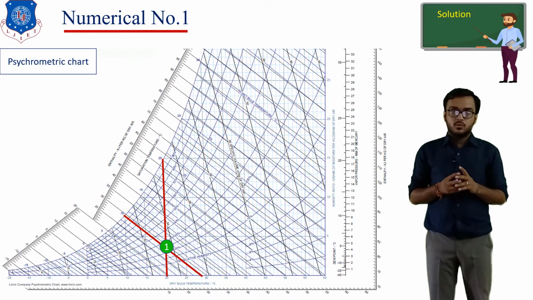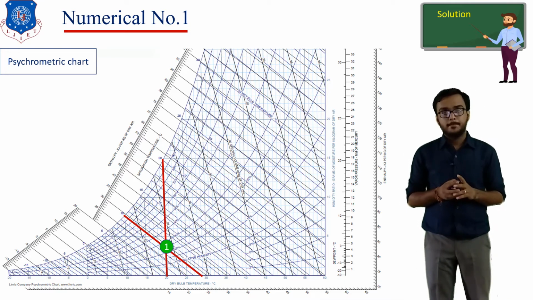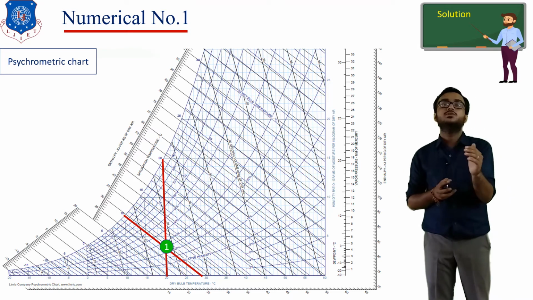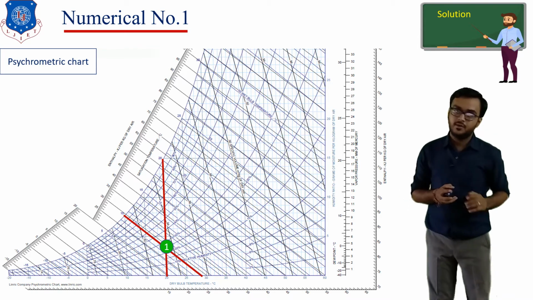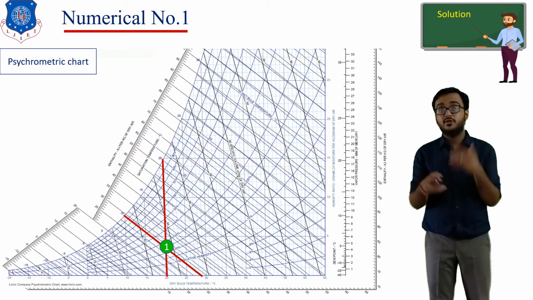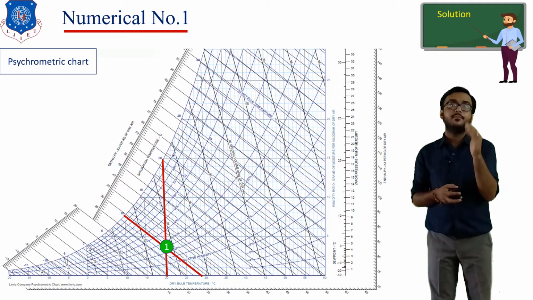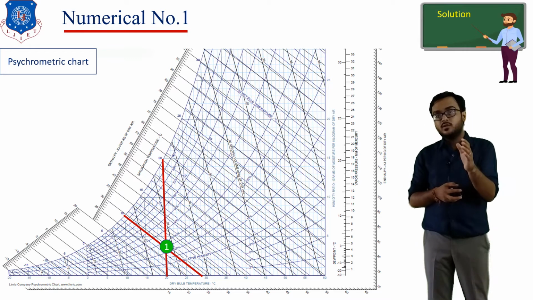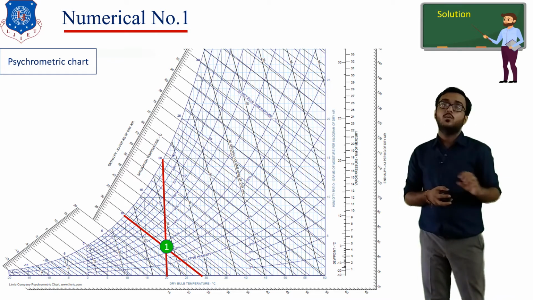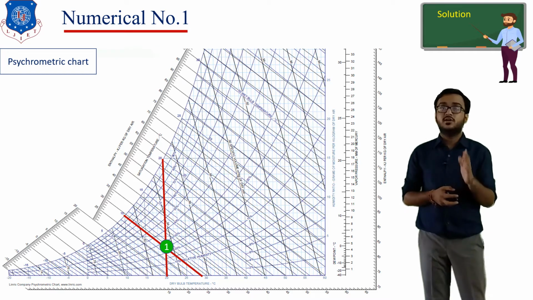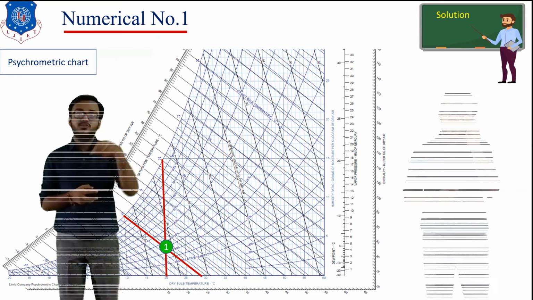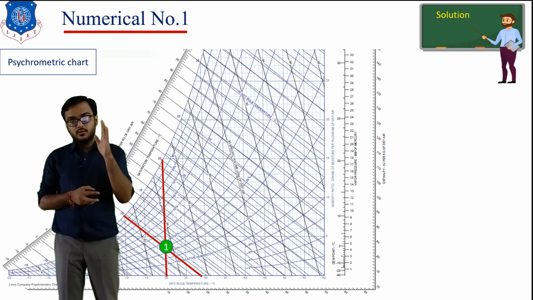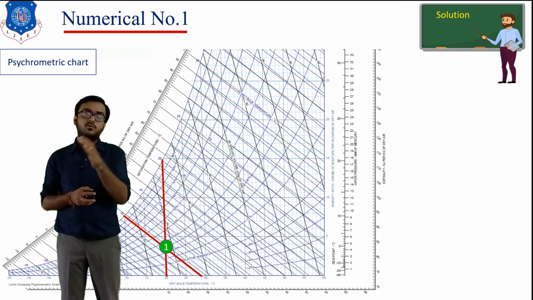Now to plot point number 2, we need to observe the temperature at the outlet of the heating coil, which is not given; we need to find it. But the examiner mentioned that the bypass factor is 0.4 while the coil surface temperature is 38 degree. Based on this, we are able to identify the air temperature at the outlet of the heating coil.